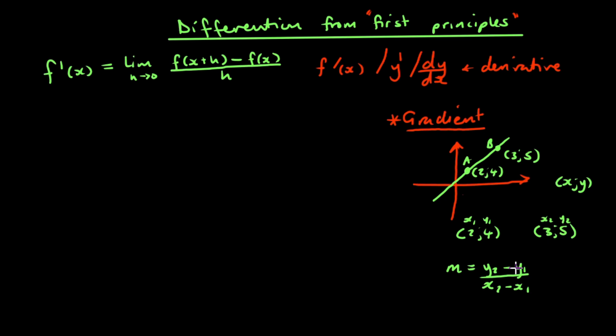Now I substitute: instead of y2, I write 5, subtract 4, all over 3, subtract x1, which is 2. So the answer is 5 minus 4, that's 1, over 3 minus 2, that's 1. So the gradient for this one is 1.